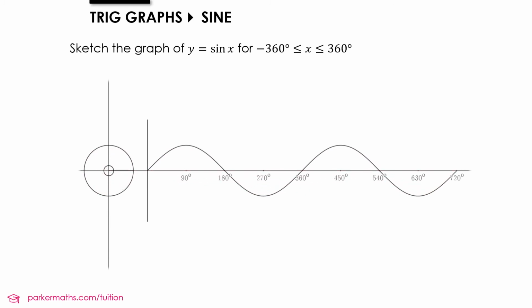And what that shows us is that this graph repeats itself every 360 degrees. And the way we would say that mathematically is that the sine graph has a period of 360 degrees.